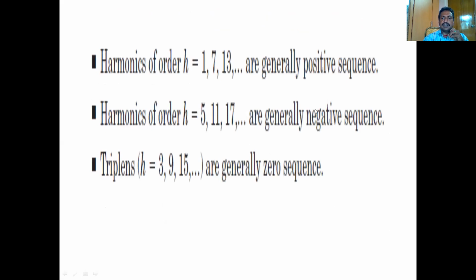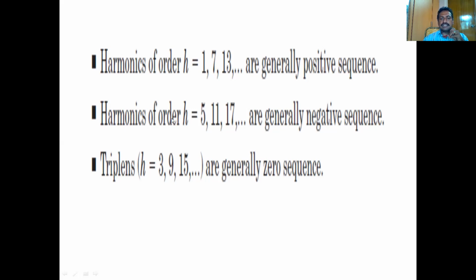See here how to differentiate these. Generally there are three phase sequences in a power system: positive phase sequence, negative phase sequence, and zero phase sequence. Harmonic orders 1, 7, 13 are positive phase sequence.